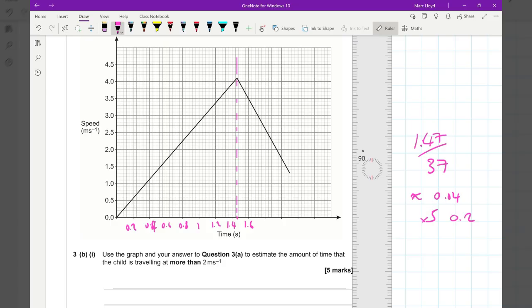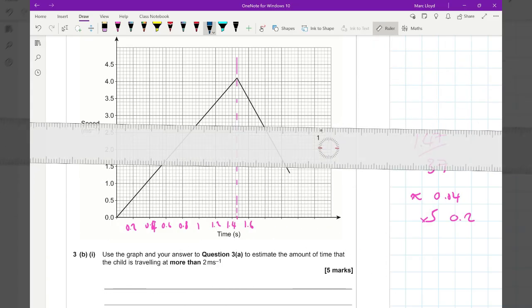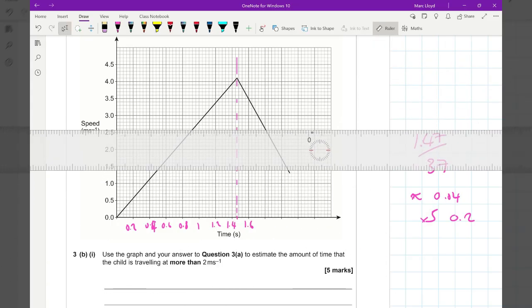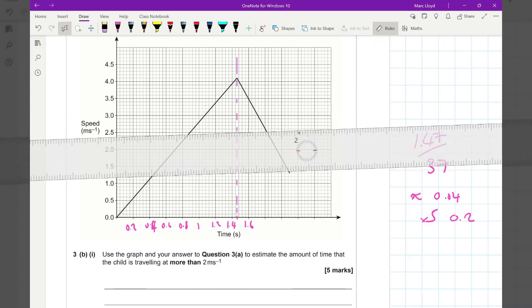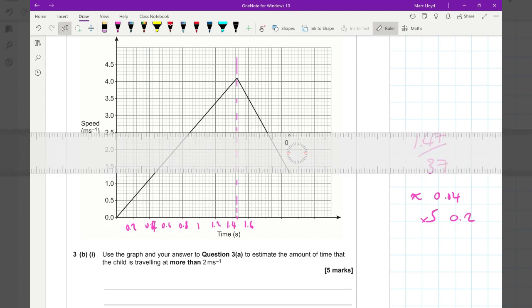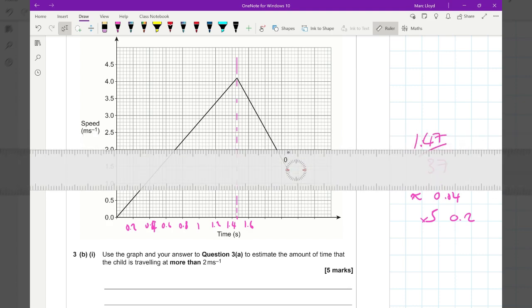Okay, the next bit is to estimate the amount of time that the child is traveling more than 2 meters per second. So I'm going to turn to a darker pen now, rotate this ruler. Come on. There we go. And then we're going to draw a line across where speed is equal to 2.